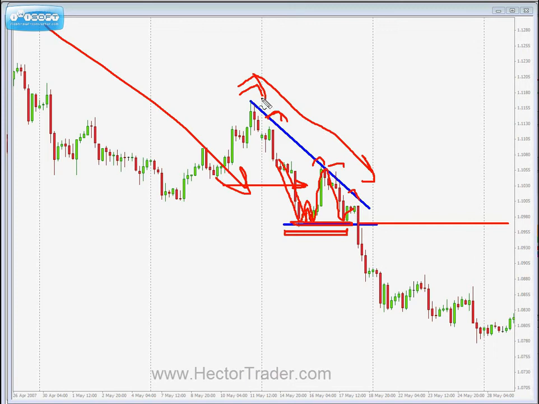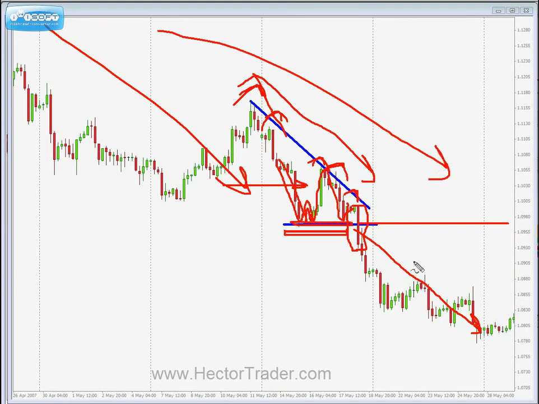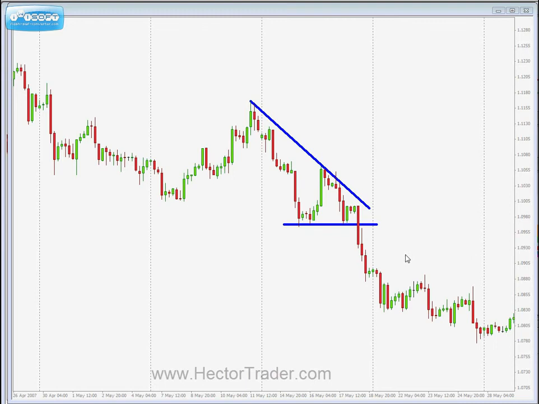But eventually the pressure keeps closing in and closing in, and the bulls cannot keep up anymore. They cannot defend that line anymore, and they give way, and a whole new swing to the downside, in the direction of the main trend, is created. So basically that's the idea, the logic behind what a flat bottom or a flat top triangle is.